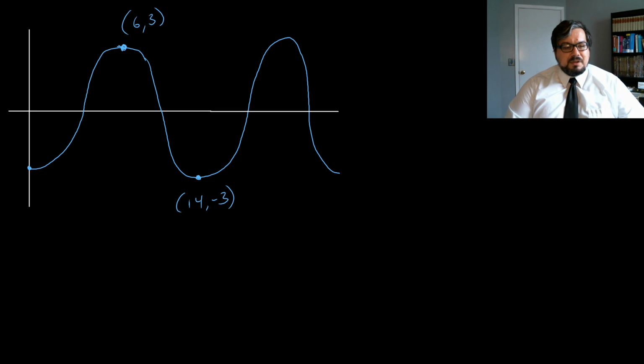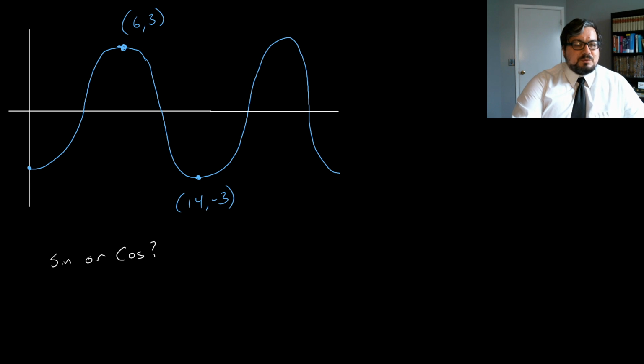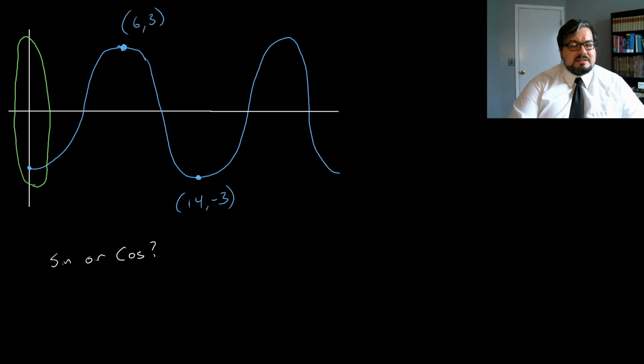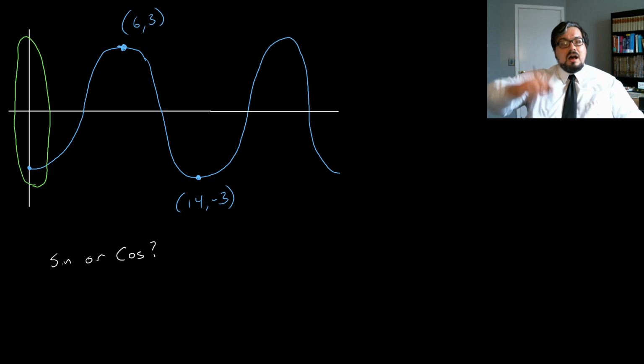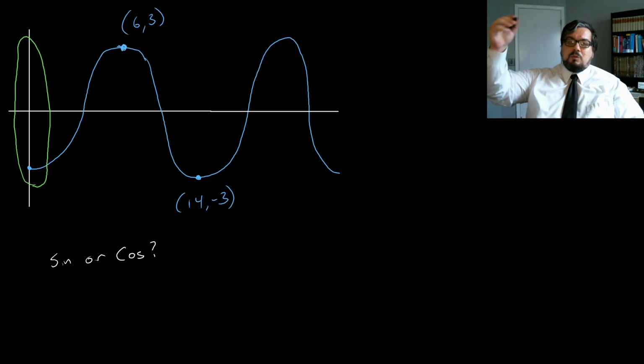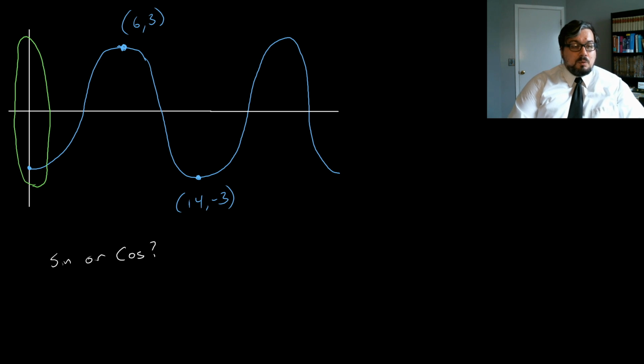First of all, we want to ask: sine or cosine? We want to look at the starting point over here and ask, does the graph start at the middle of its oscillation or at one of the two extremes? We can see here that it starts at one of the two extremes.